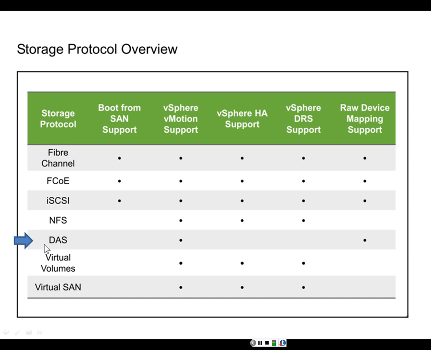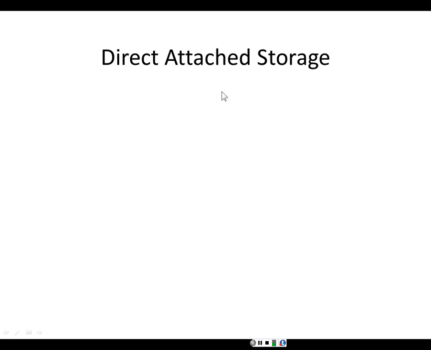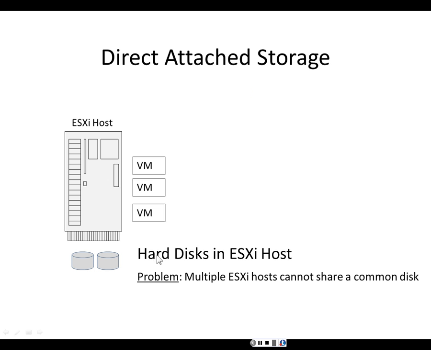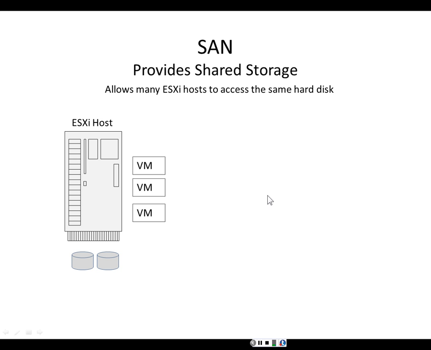Let's take a look at direct attached storage, and then we will look at the others. When we say direct attached storage, what that means is that the hard disks are inside of the ESXi host. And the problem with that is that multiple ESXi hosts cannot share a common hard disk. So the solution is to get a storage area network.